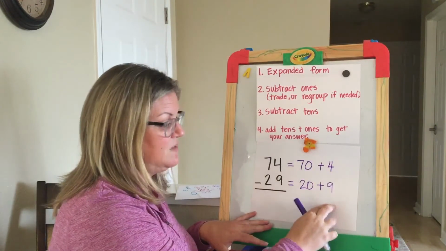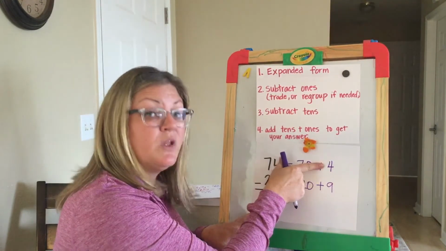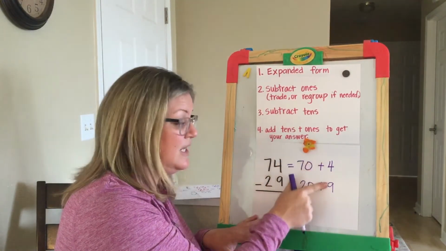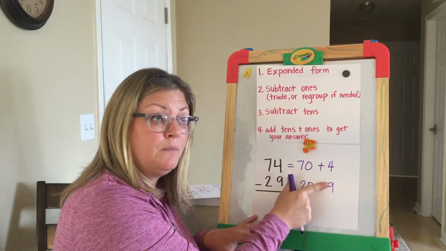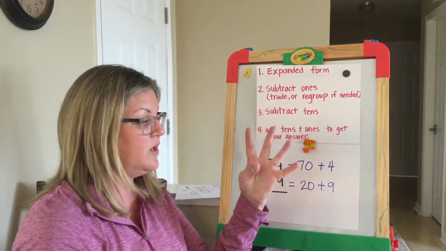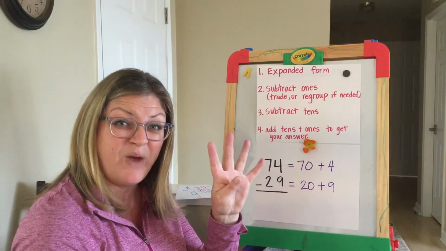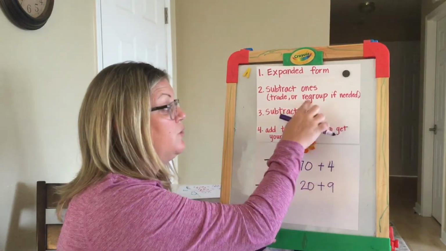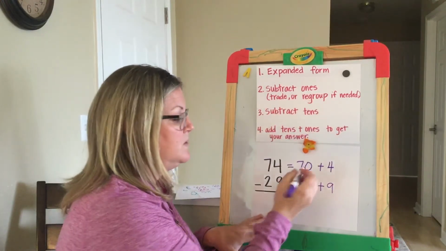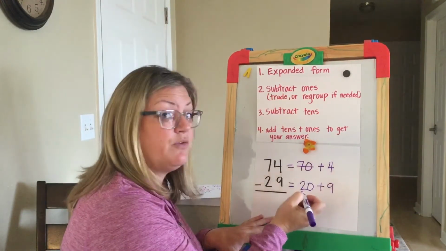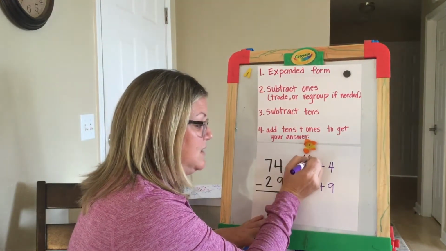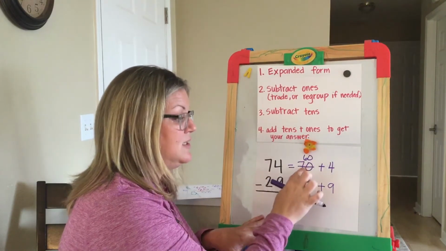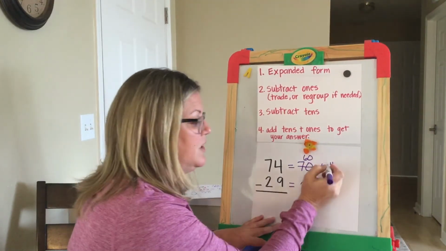So first I have to ask myself, starting here at the top, if I have 4 things, can I take 9 away? Let me think about that. 4 things, can I take 9 away? Not very easily. So instead, I'm going to regroup or trade. So I'm going to take 10 away from here. So that's 10 less, or 60. And instead, I'm just going to move this 10 over here.